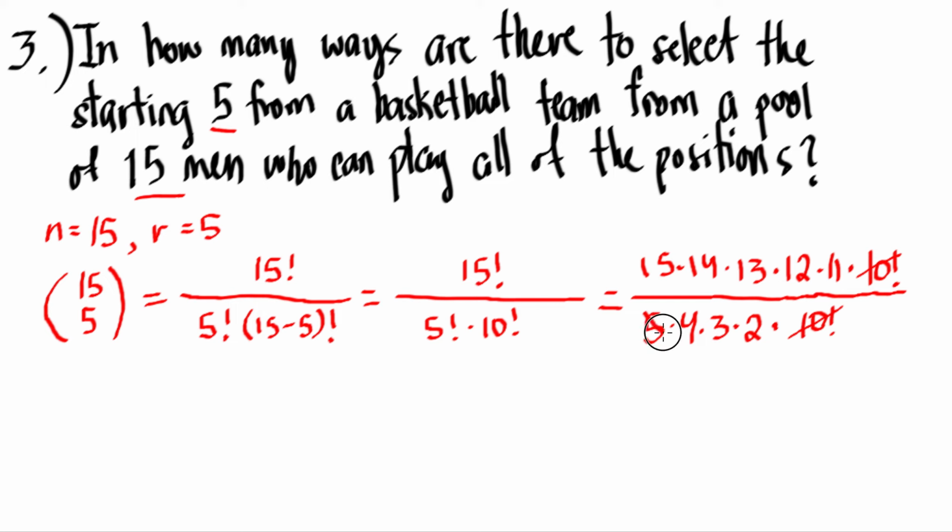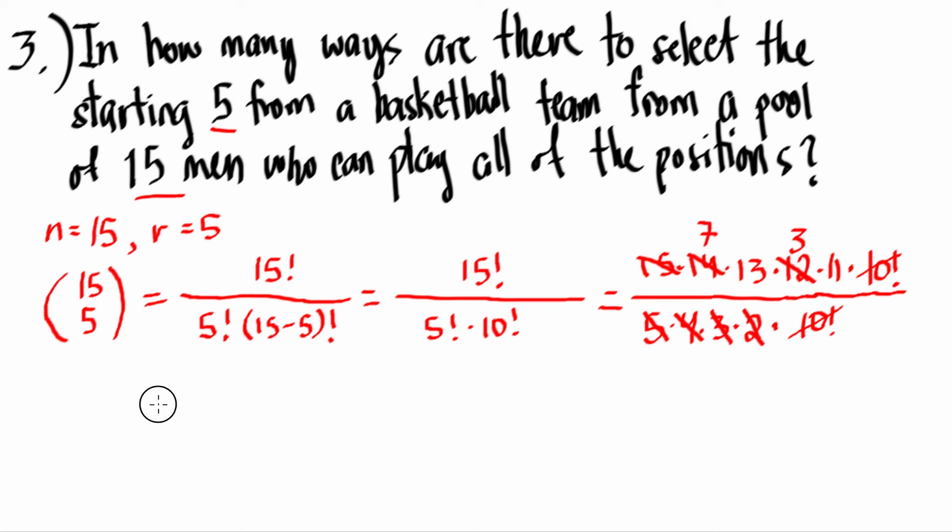We can see that 5 times 3 is 15. We can cancel this up. 4 times 2 is 8. We can cancel 4 and 12. This becomes 3. And then the 2 is going to be canceled with 14. That's going to give us 7.